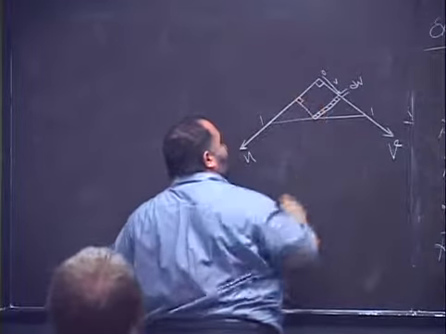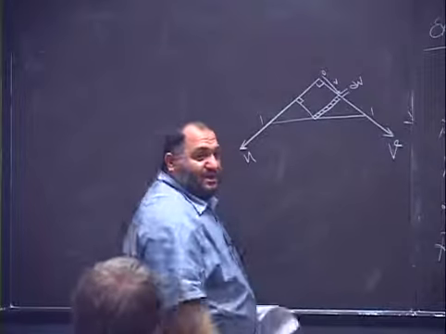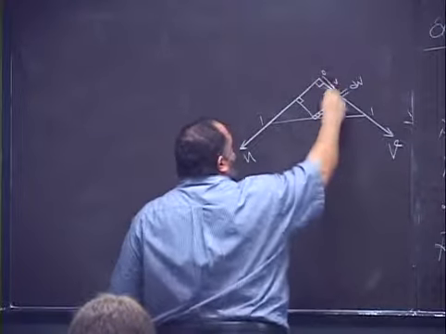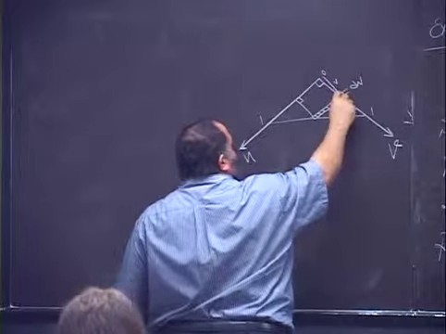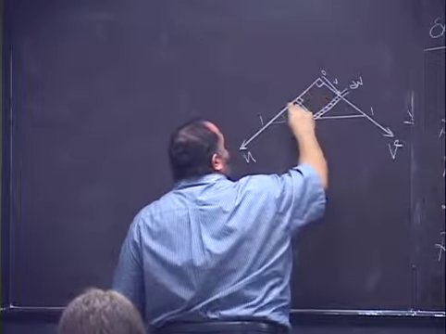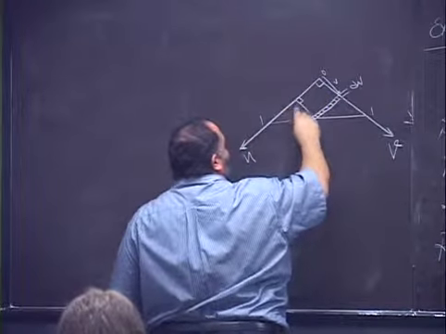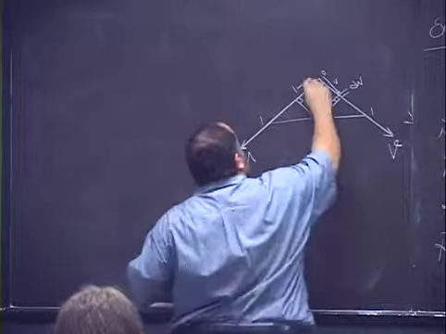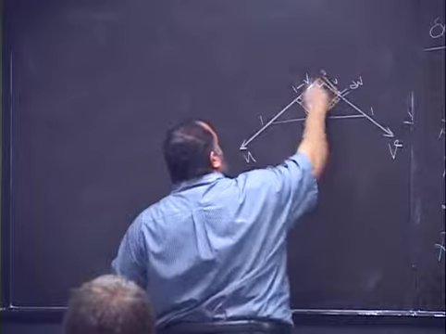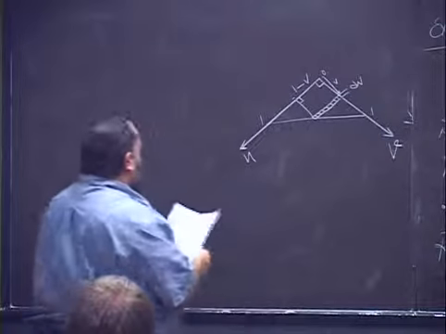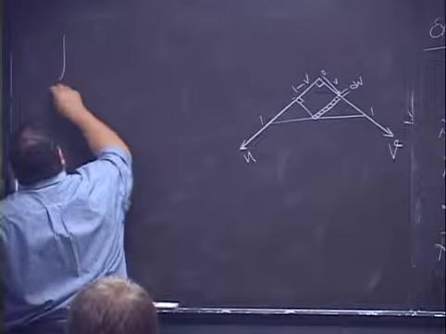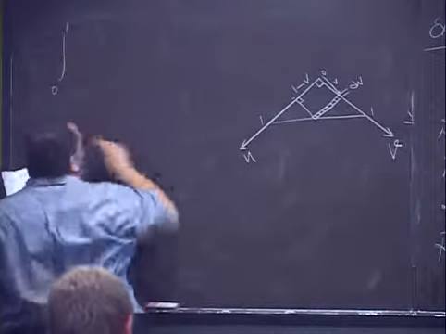Yes guys? But if this is V, this will be 1 minus V here, so we'll integrate from 0 to 1 minus V. Okay? So our integration will be from 0 to 1.